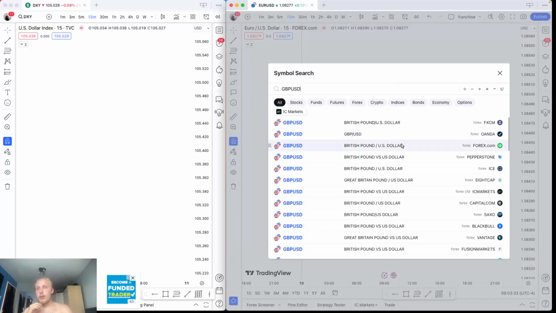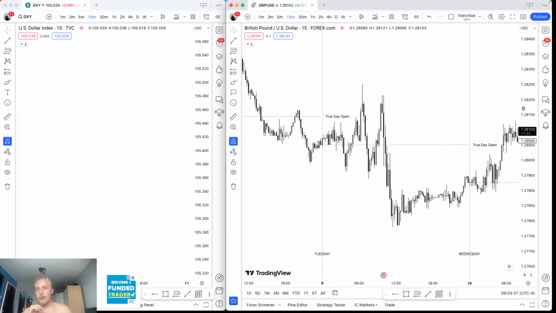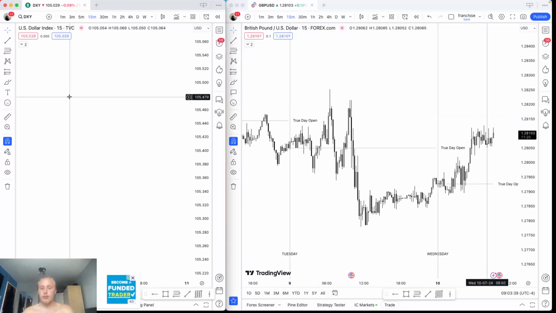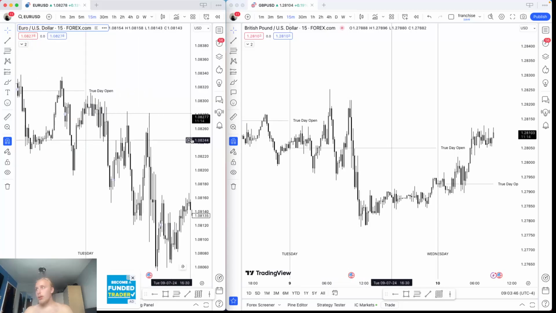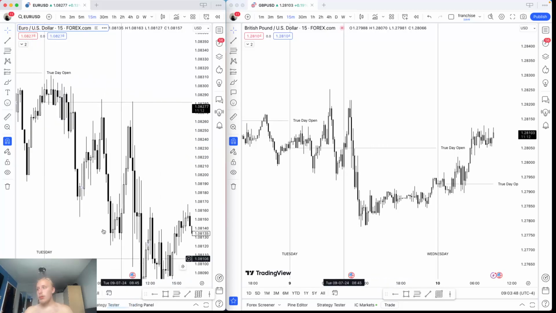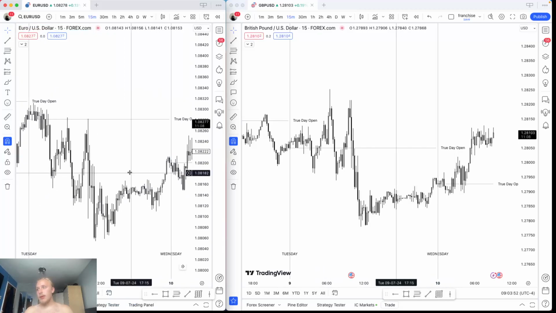If we go on to GBP USD for yesterday's price action, and we go on to Euro USD for yesterday's price action, for the 9th, so all you can see is the 9th.